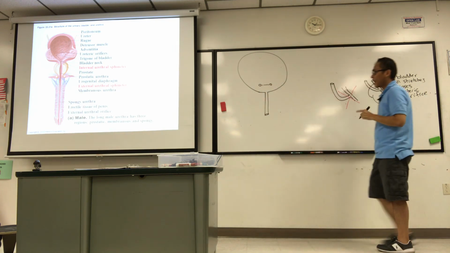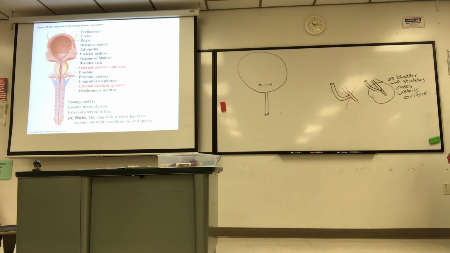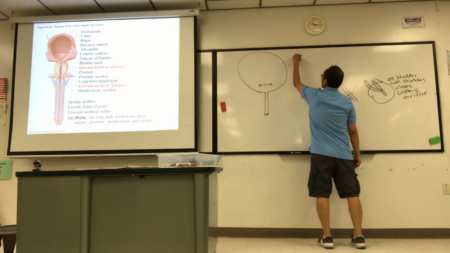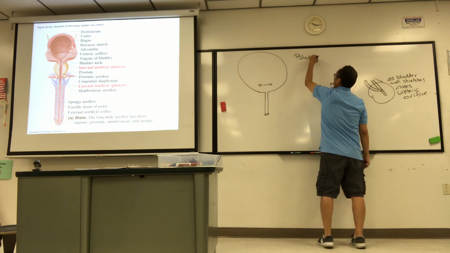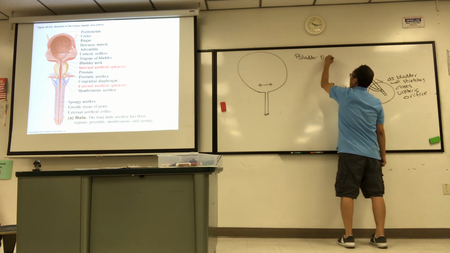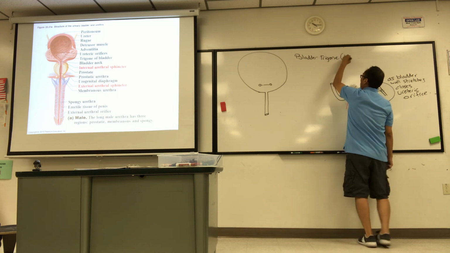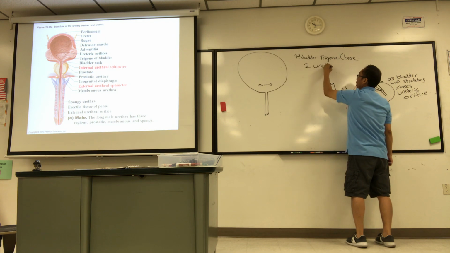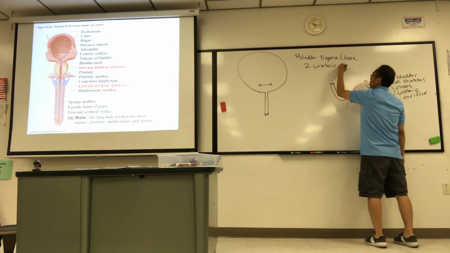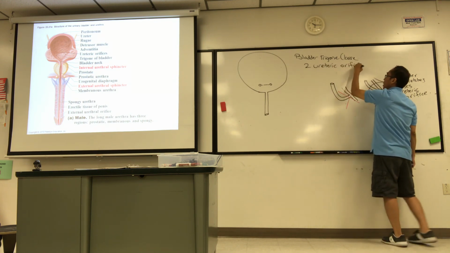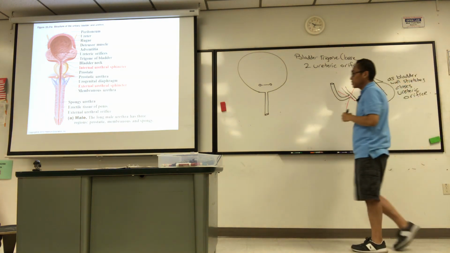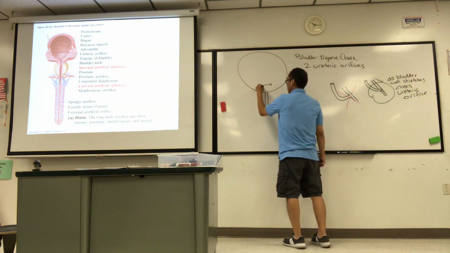The bladder trigone has two ureteric orifices, which I've drawn as circles there. So we're at the base of the bladder. We have two ureteric orifices. And they kind of drain down to a third orifice created by the internal sphincter.